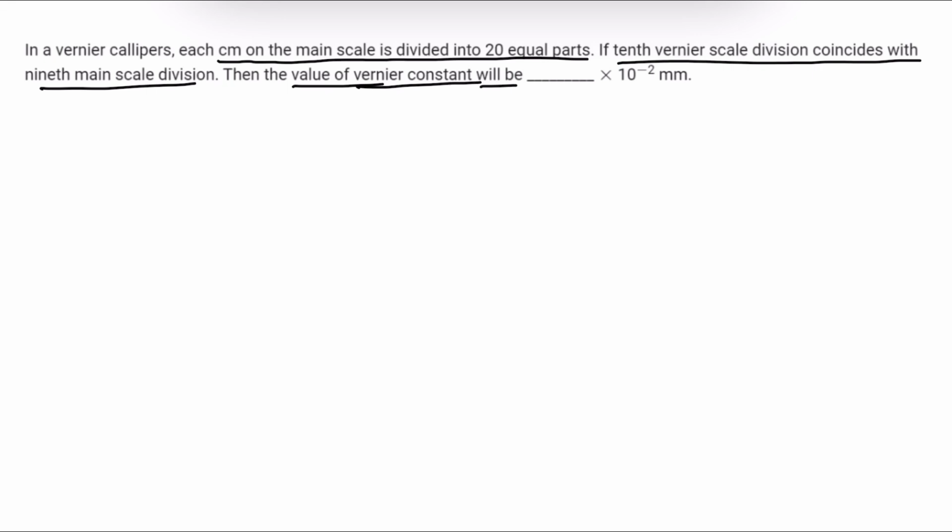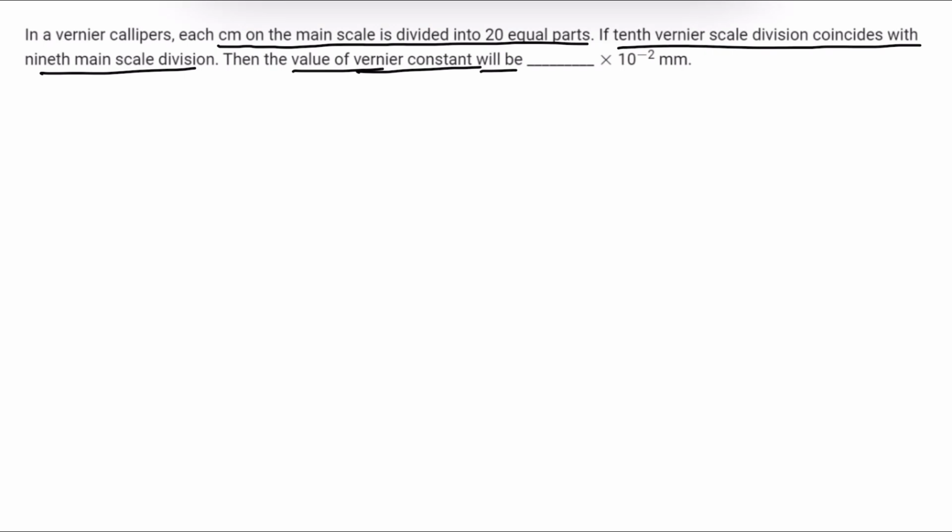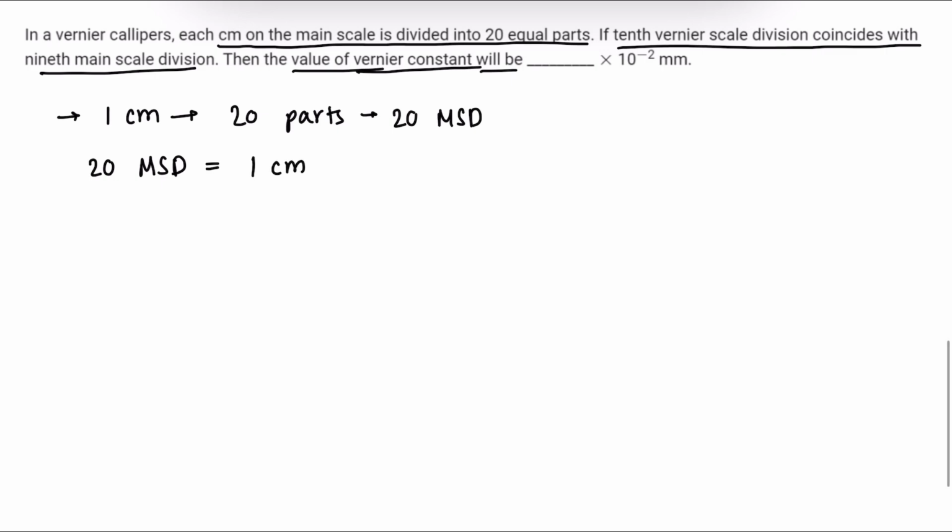They told us that each centimeter on the main scale is divided into 20 equal parts. So that means 1 centimeter is divided into 20 parts, so there are 20 MSD. 20 MSD is equal to 1 centimeter, and so 1 MSD is equal to 1/20 centimeters.